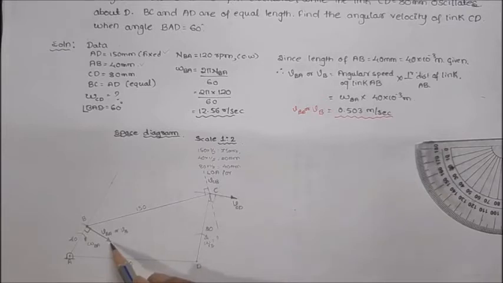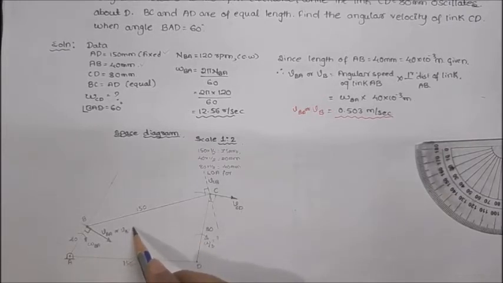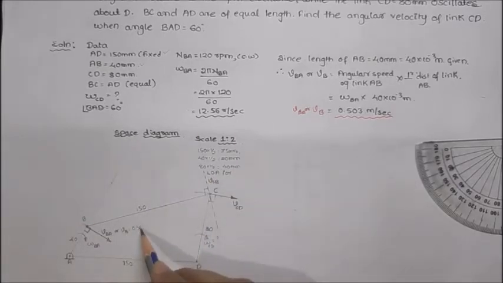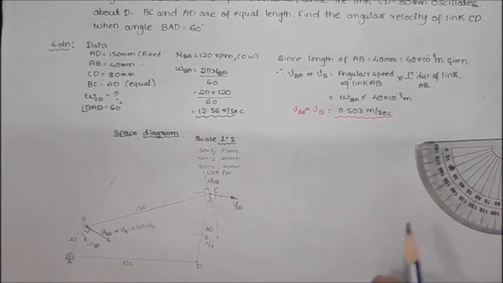Here we have both magnitude as well as direction. The magnitude is equal to 0.503 meter per second, and the direction is known here. But here we don't know.